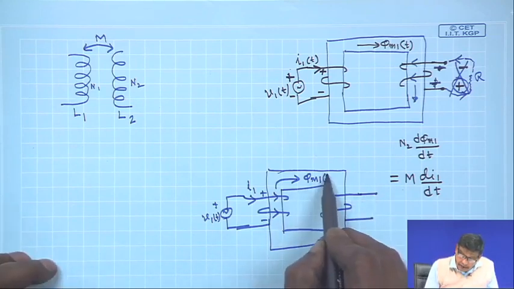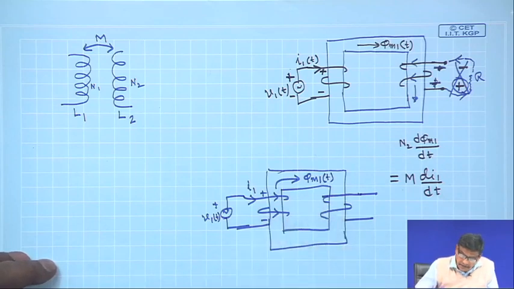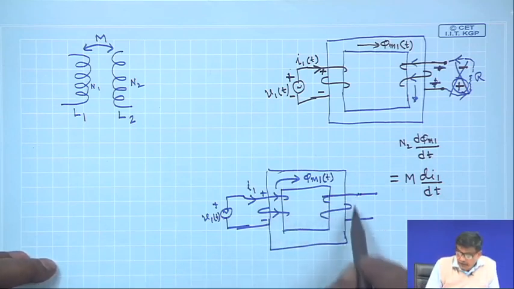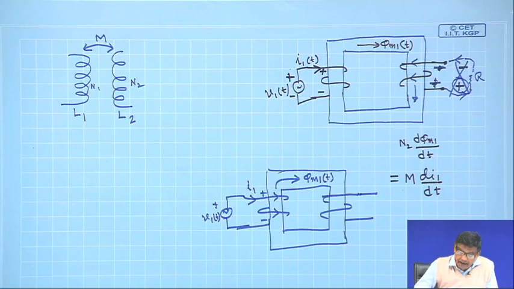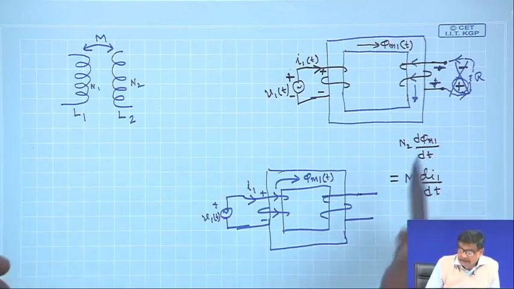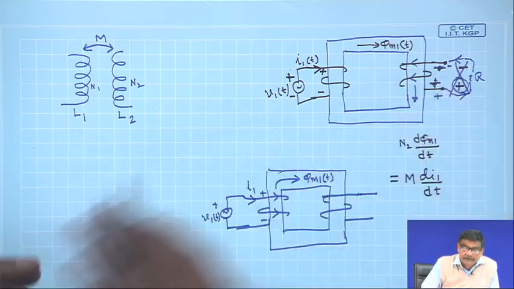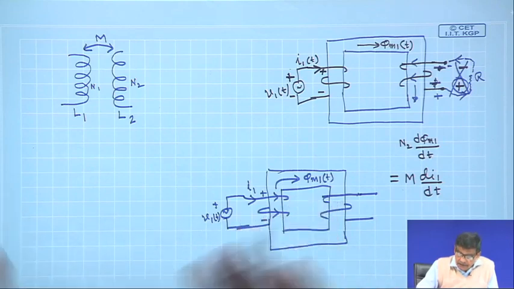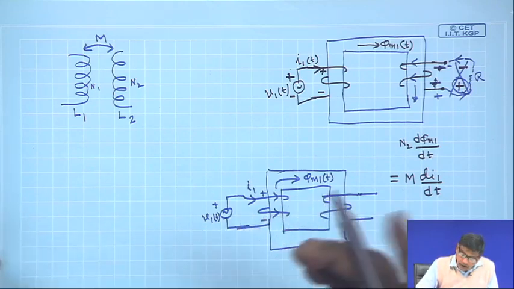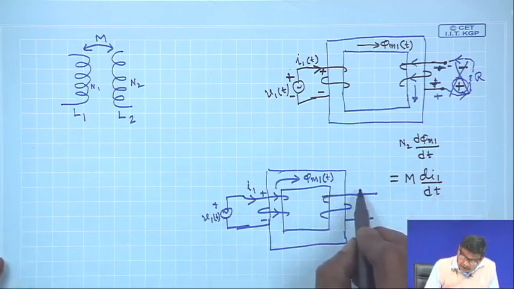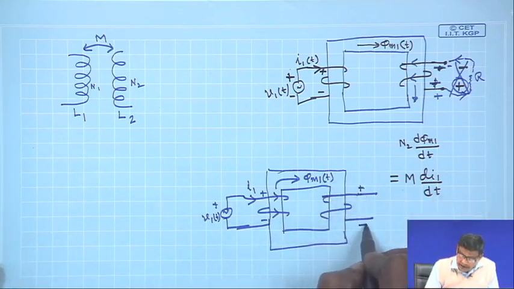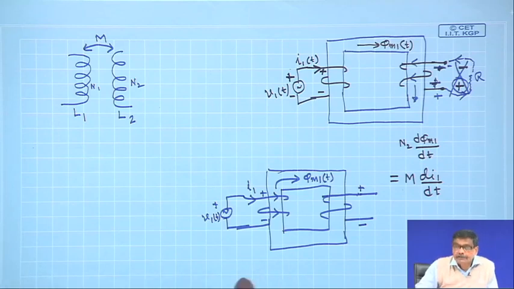And since phi m 1 is a time varying flux, it is going to induce voltage in the secondary coil, and we have right now seen that below plus and upper minus is out of question, it will defy Faraday's law. So, the only other alternative left is perhaps this is plus and this is minus. Let us see whether it is consistent with Faraday's law.